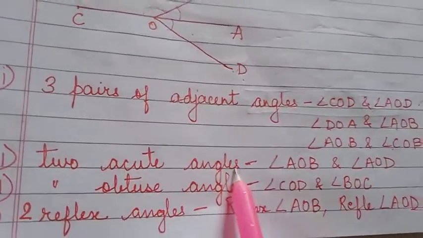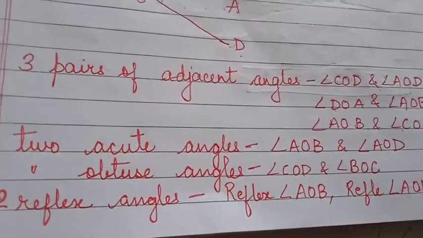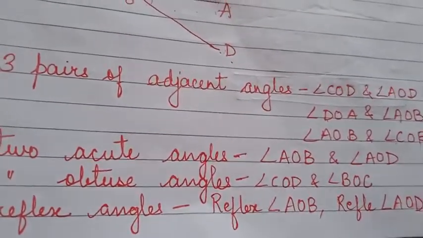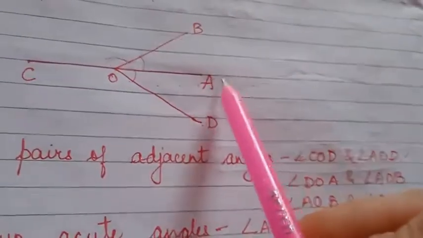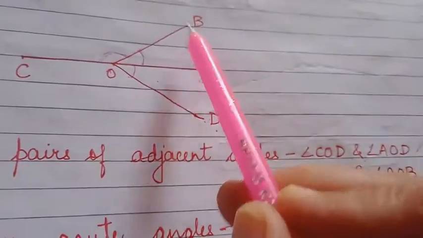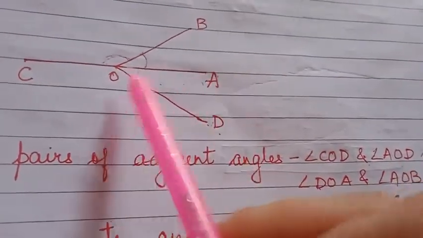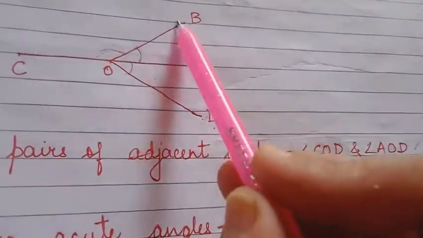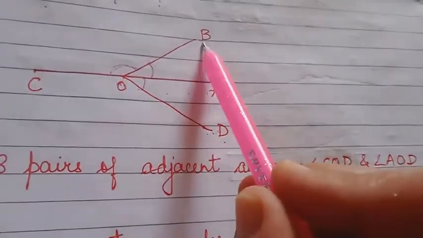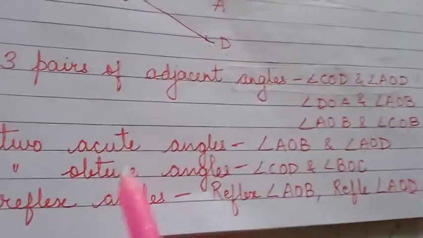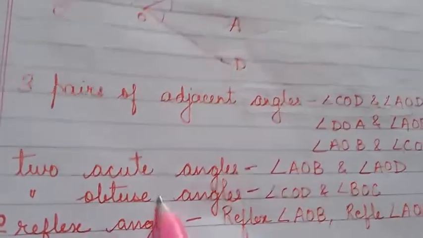Now two acute angles. Acute angles means which are less than 90 degrees. So when I was explaining the concept, you know what type of angles they are. So acute angles are angle AOB and angle AOD. By looking at the figure, you should understand which is acute. Next, two obtuse angles.